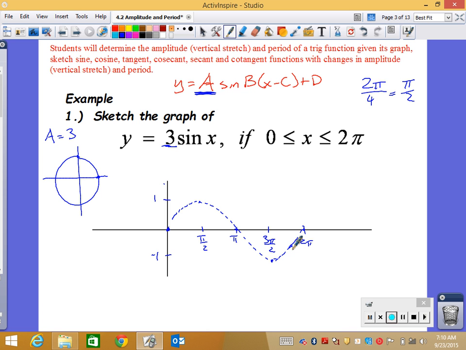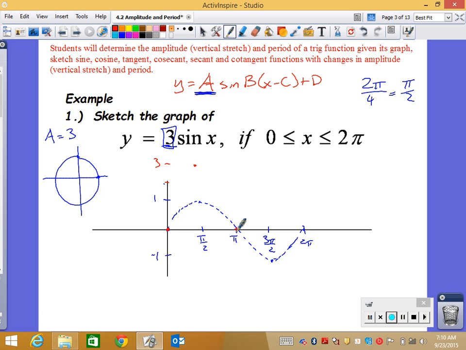But what happens when we multiply by 3? The only thing that happens is every y value gets multiplied by a factor of 3. So 0 stays at 0. 3 times 0 is 0. A y value of 1 multiplied by 3 comes up to 3, so it gets stretched all the way up to 3.